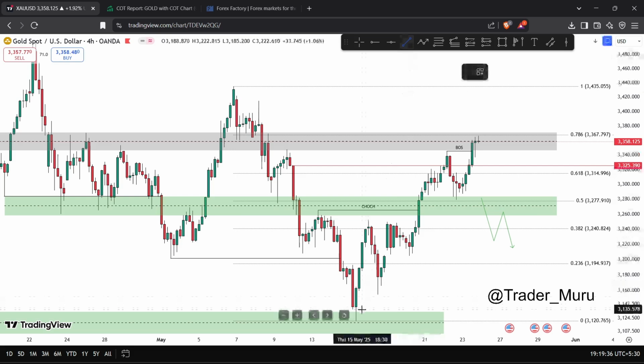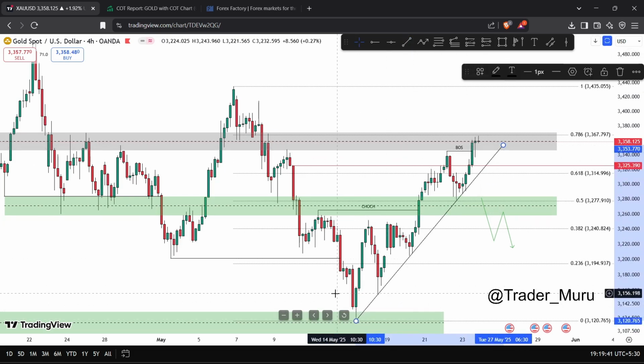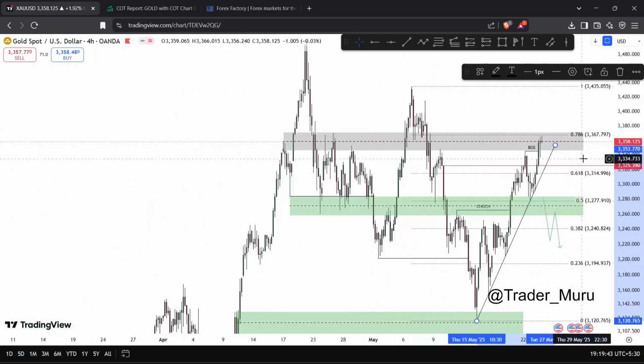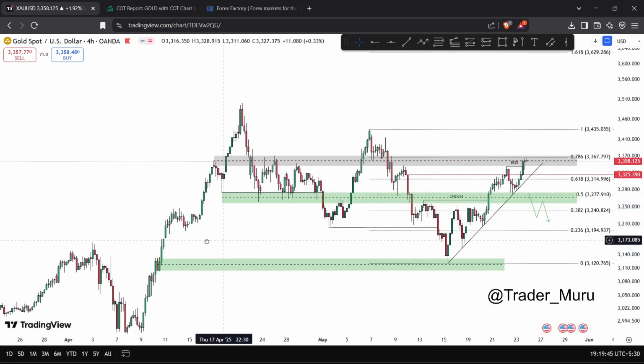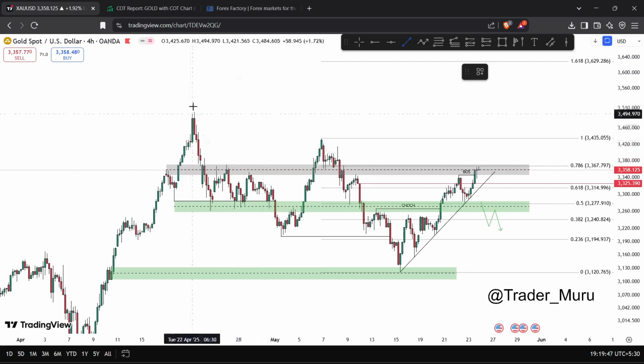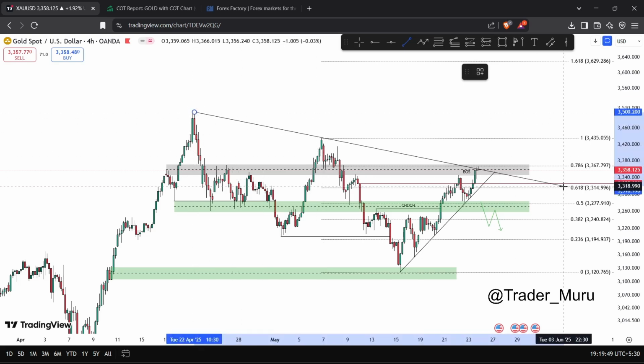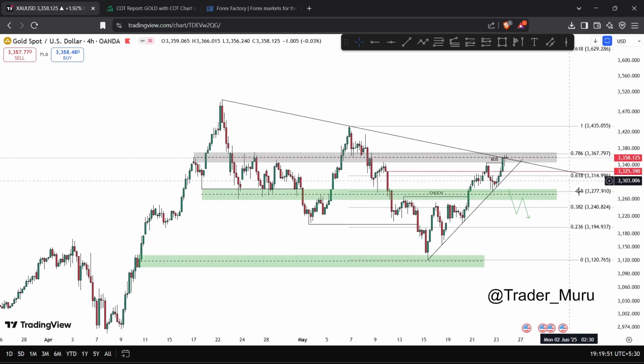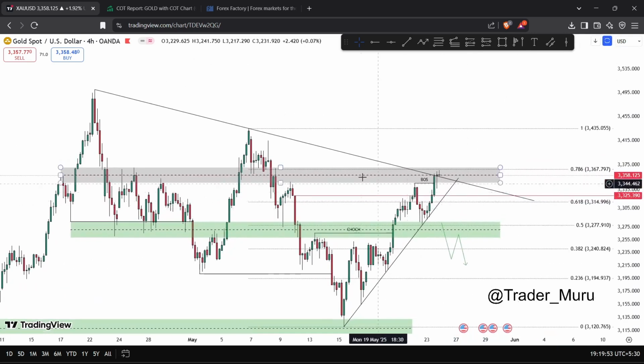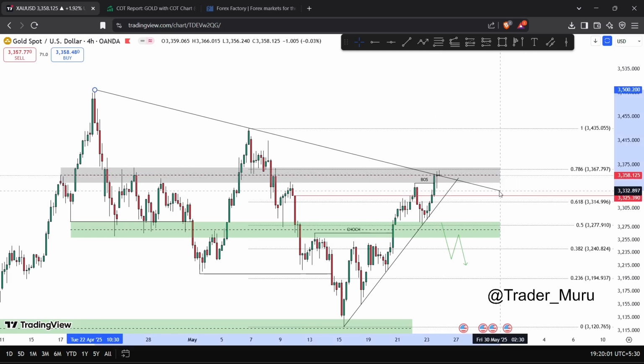We have this trend line running from the bottom, which is supporting this upper trend here, and we have this upper trend line, which is acting as a resistance. If we see this, price is just at the trend line and acting as a rejection point.